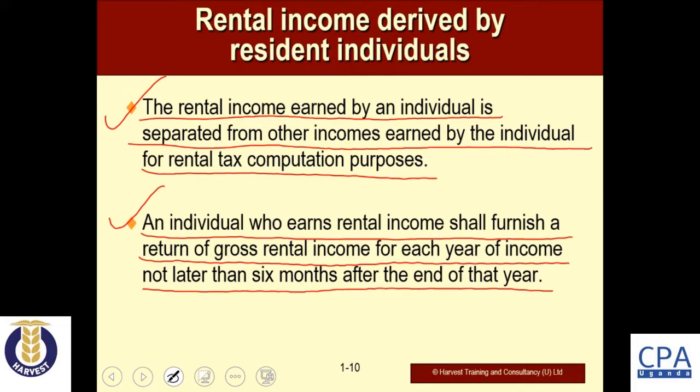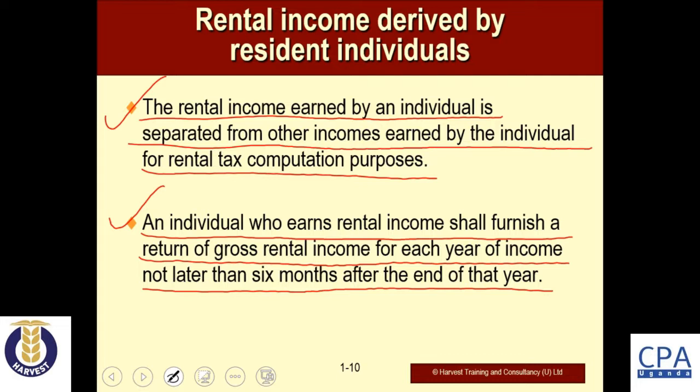So if the financial year is ending on the 30th of June 2020, you are expected to furnish and pay your rental income tax by the 31st of December 2020. So that is the duration given to you to organize your books of accounts and then determine your tax liability.